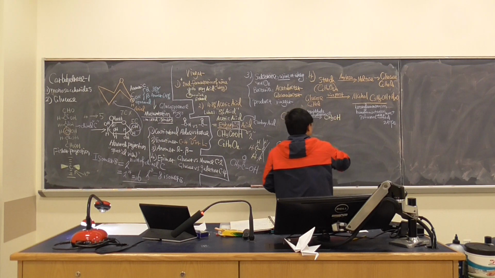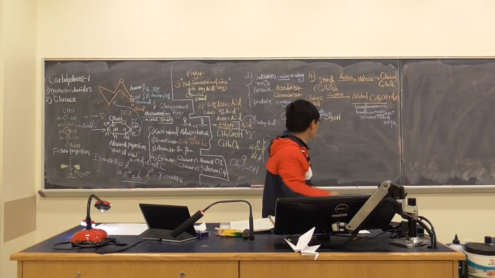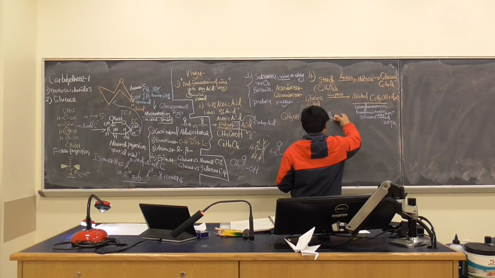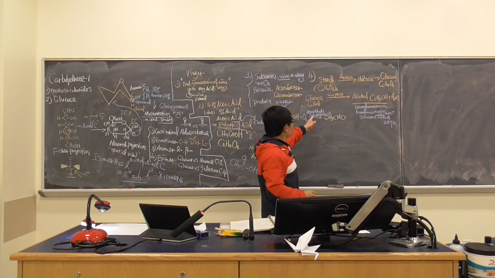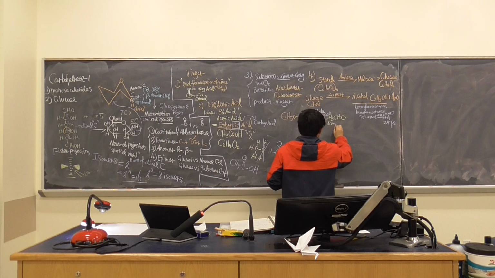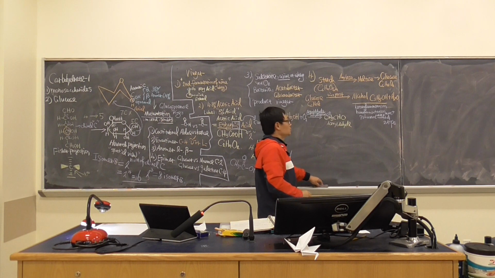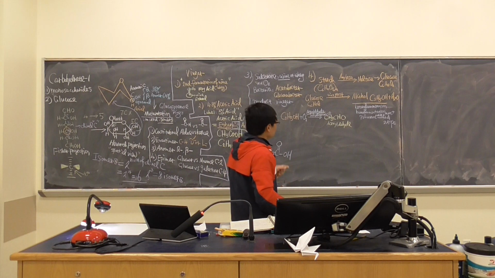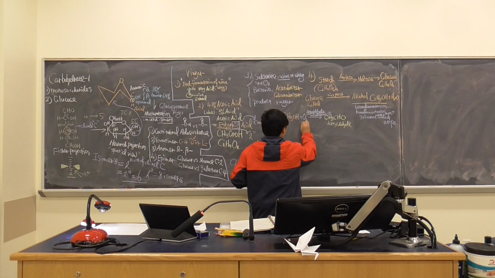CH3CHO. Very simple. The product name is acetaldehyde. So acetaldehyde comes out. Now acetaldehyde is not enough. It stays there. And this process is part of the fermentation process. It is also coupled with NAD.